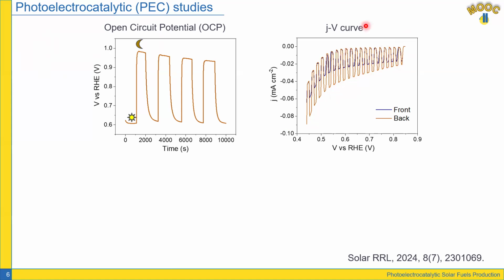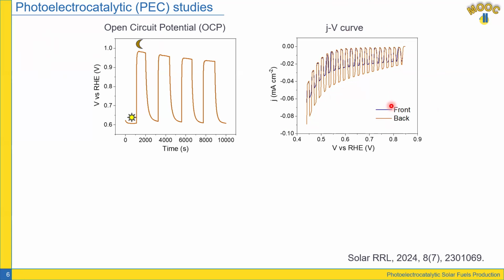So basically, we can see that the copper bismutate is a photoactive material because it is a semiconductor. It is also interesting that we have a higher current density under back illumination than under front illumination.